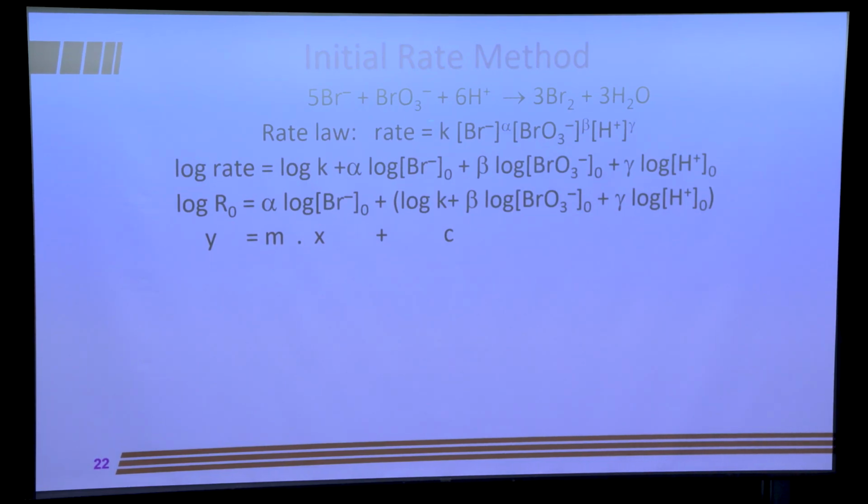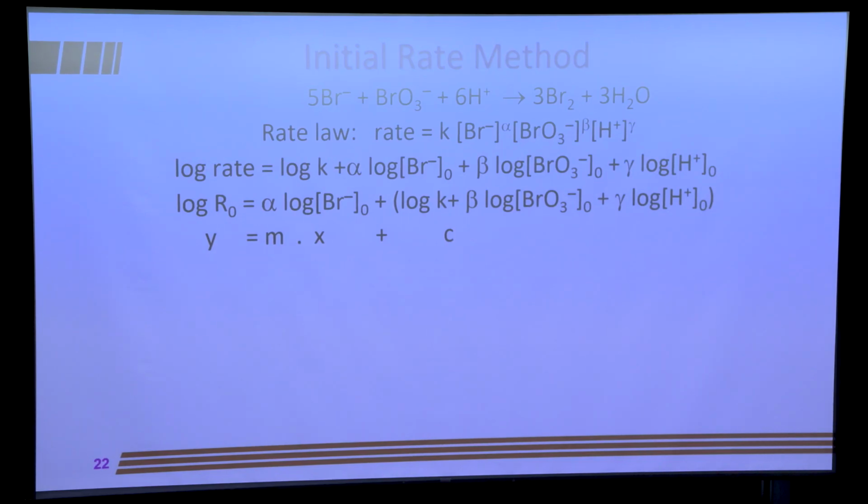If we measure initial rates of reaction, and keep the concentration of BrO3 minus and H plus constant, and vary the initial concentration of Br minus, we can determine what alpha is. Because we're just varying the concentration of Br minus, we can then measure the variation of the initial rate.